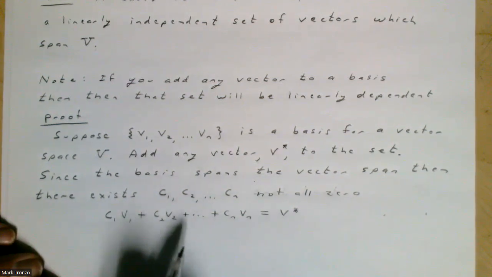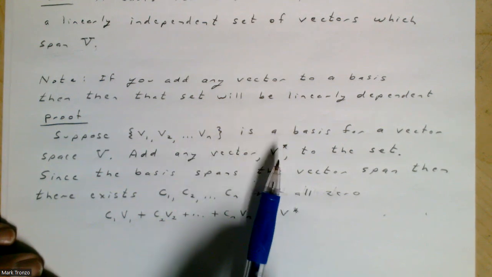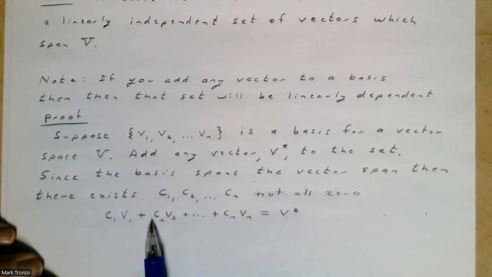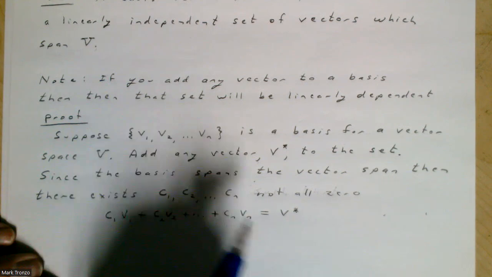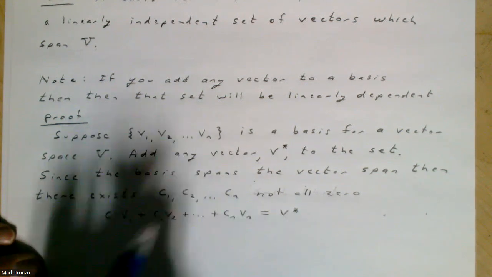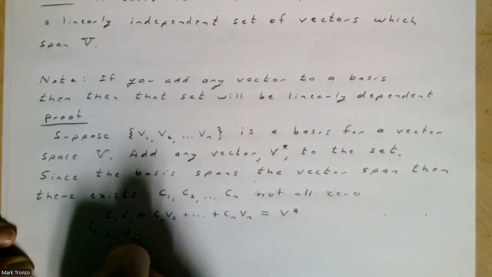Because, by definition, the basis spans a space. So any vector you come up with will be a linear combination of the basis vectors. And now just rearrange this a little bit. Let's bring this V star inside to the left-hand side of the equal sign.